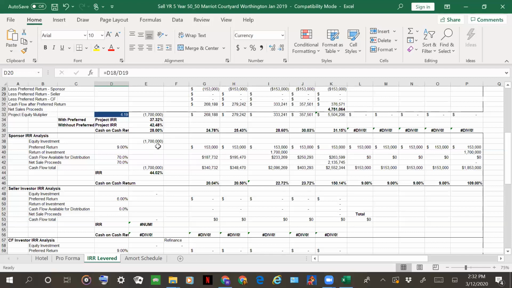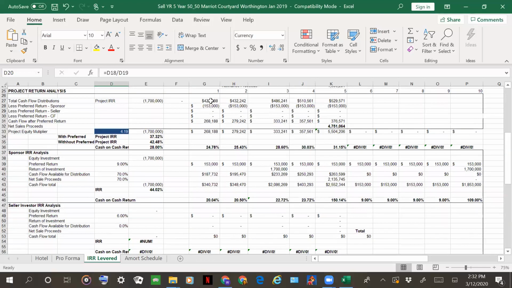Does that make sense? And then the GP takes 70% of the deal. So not only do we get a pref, because we put up the money, we also get 70% of the net cash flow after the pref, which you see right here.